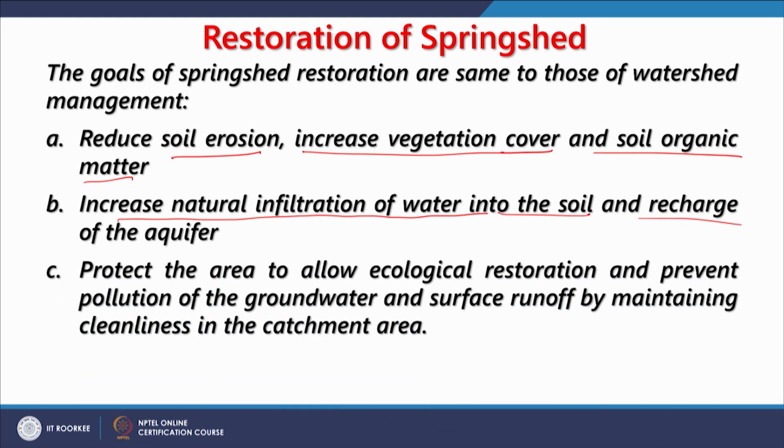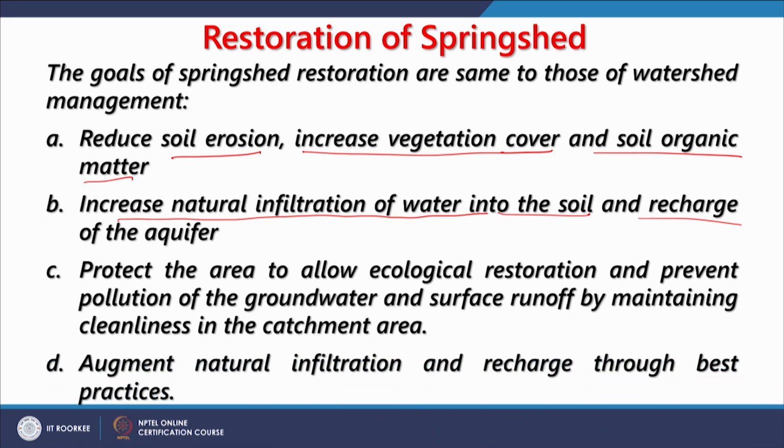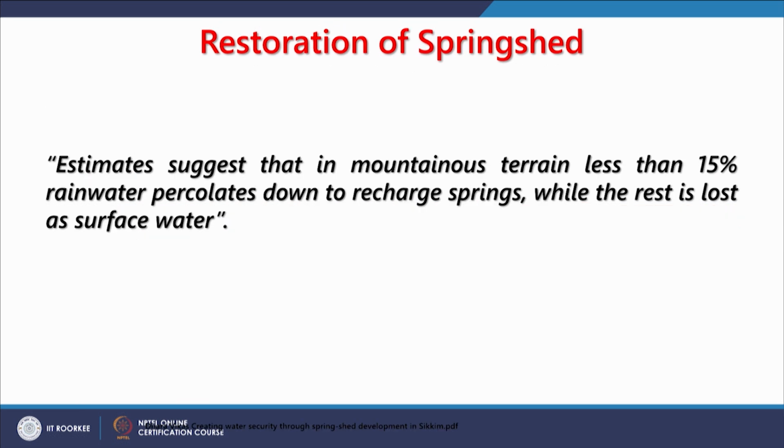Further, protect the area to allow ecological restoration. That means the entire area should be protected, and pollution of groundwater and surface runoff should be prevented by maintaining cleanliness in the catchment area. So, good watershed practices throughout all watersheds can restore our springs or springsheds very easily. Ultimately, we will augment the natural infiltration and recharge through best practices.